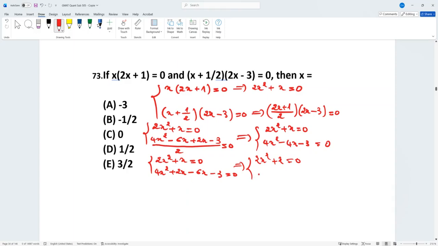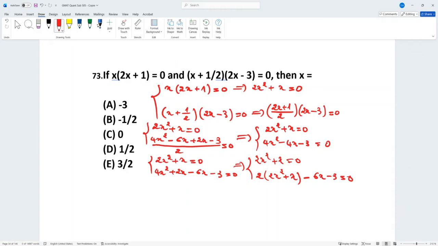Here we will have 2 times 2x squared plus x, because we are only taking the 2 out, minus 6x minus 3, which is equal to 0.